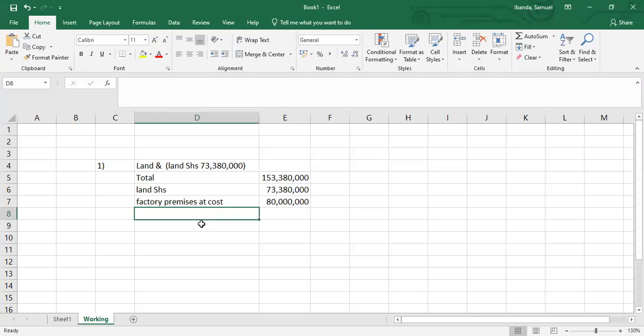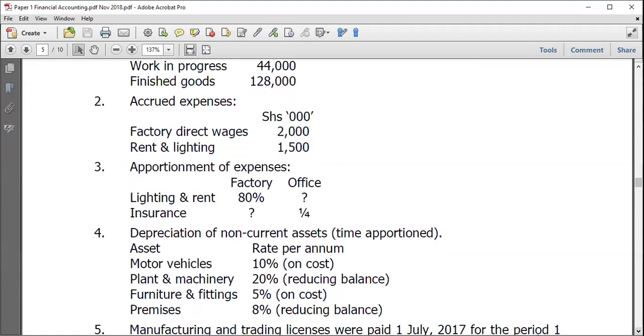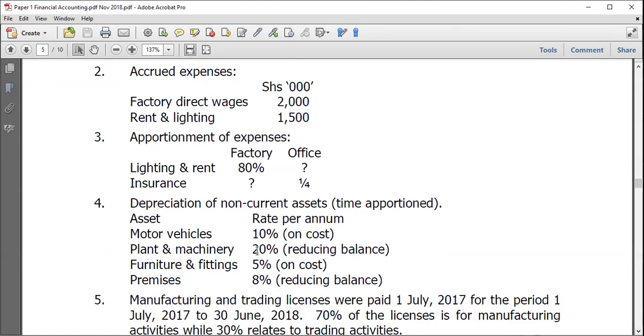Okay. So depreciation is my next attempt. So the next thing that I will do is go back to the question and find out how I depreciate the factory. I'm still on the factory premises.